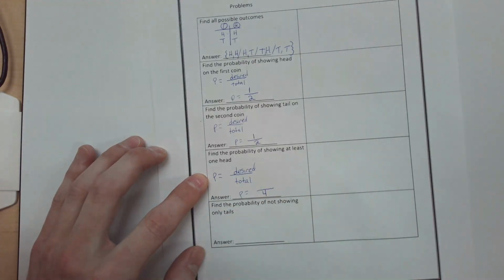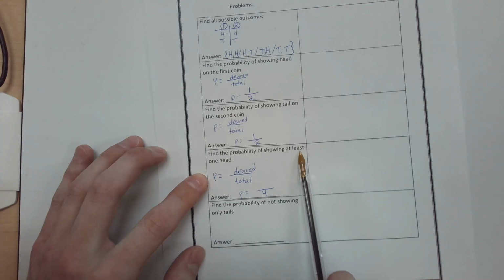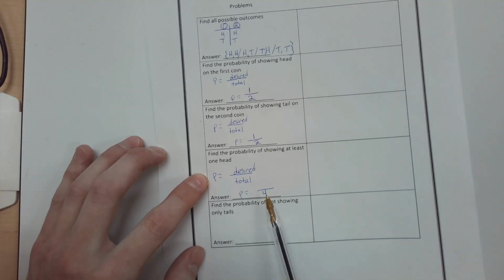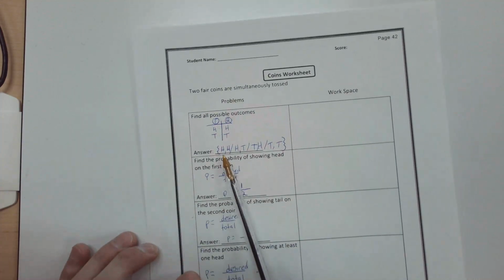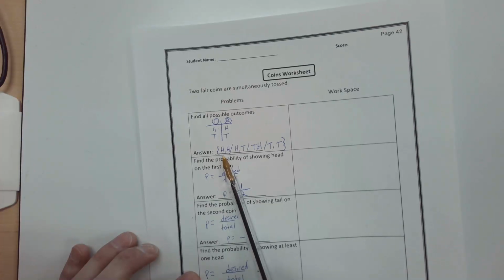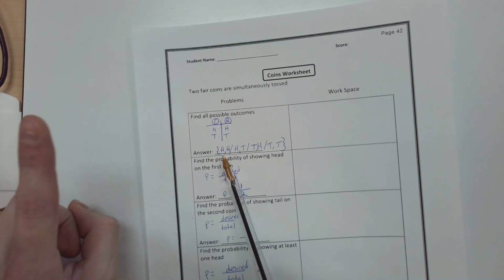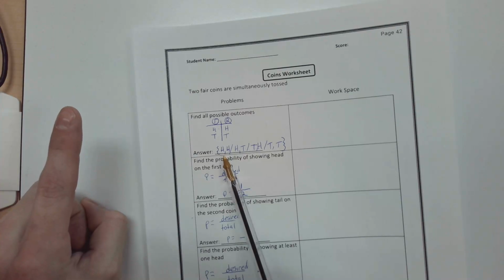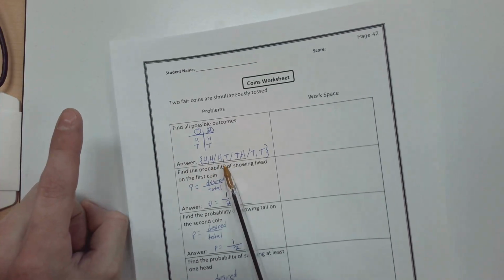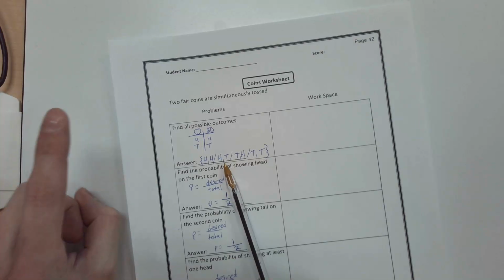Four total possibilities. So we're going to write a 4 total. What we're looking for is find the probability of showing at least one head in these four scenarios. For the first scenario, do we have at least one head? Yep. So we got one desired, ready to go. Is there at least one head in this one? There is.